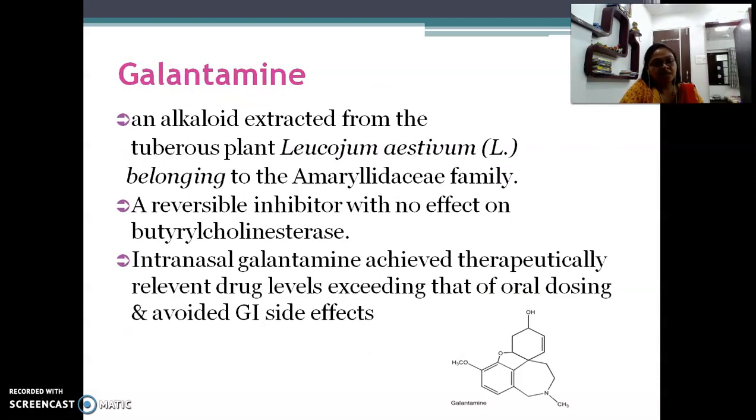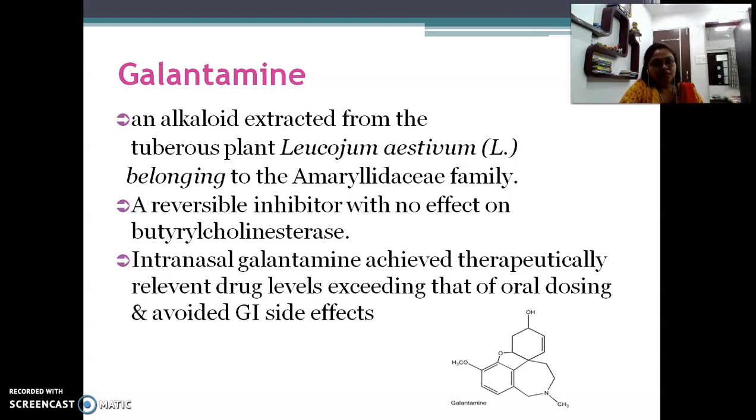The next drug under acetylcholinesterase inhibitors is galantamine. It is an alkaloid extracted from the tuberous plant Leucojum aestivum belonging to the family Amaryllidaceae. It is a reversible inhibitor which has no effect on butyrylcholinesterase. Butyrylcholinesterase is one of the enzymes similar to acetylcholinesterase.